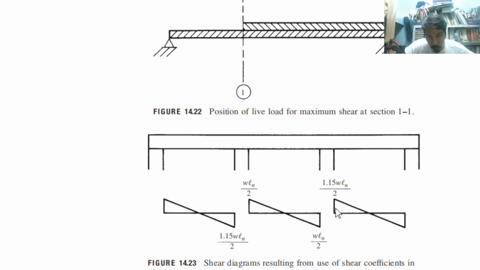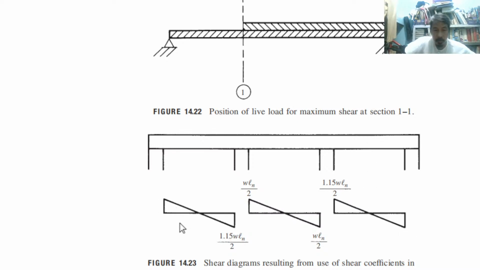So 1.15 here, 1 here, 1. So 1 and 1, we have what? Straight line. So 1.5, if we have the center as neutral.